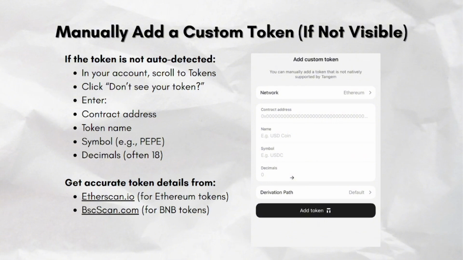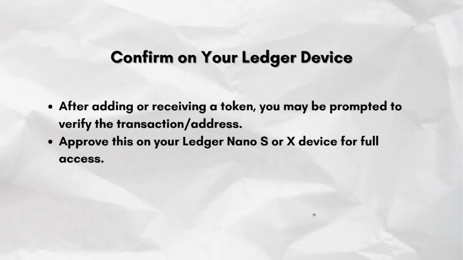After that, you have to get accurate token details from etherscan.io, which is for Ethereum tokens, and bscscan.com for BNB tokens. Then once you're done filling this out, just tap on add token.